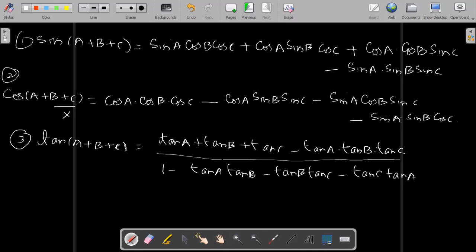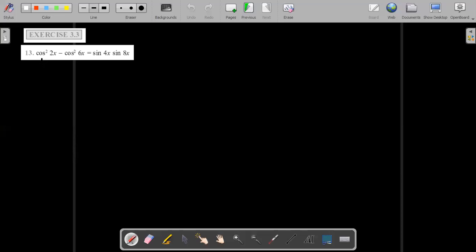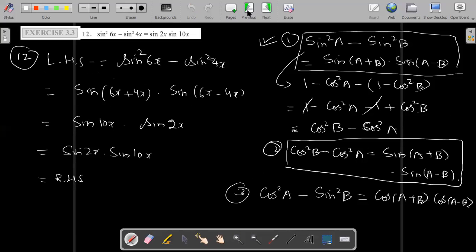Okay, so these formulas were left. So here we can use the formula cos²A minus cos²B is equal to sin... If you see the previous page, cos²B minus cos²A.